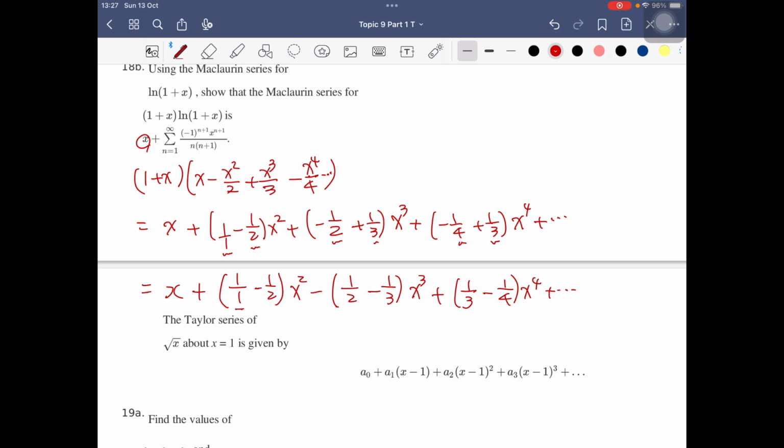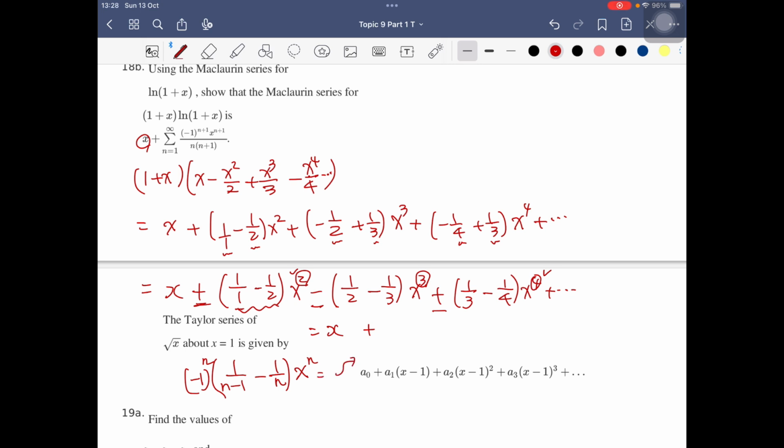So in this case, x plus, we can say x to the power of n over n. But this alternates, plus minus, plus minus. So negative 1 to the power of something: for the second and fourth terms we need to make it positive, and for the third we need to make it negative.